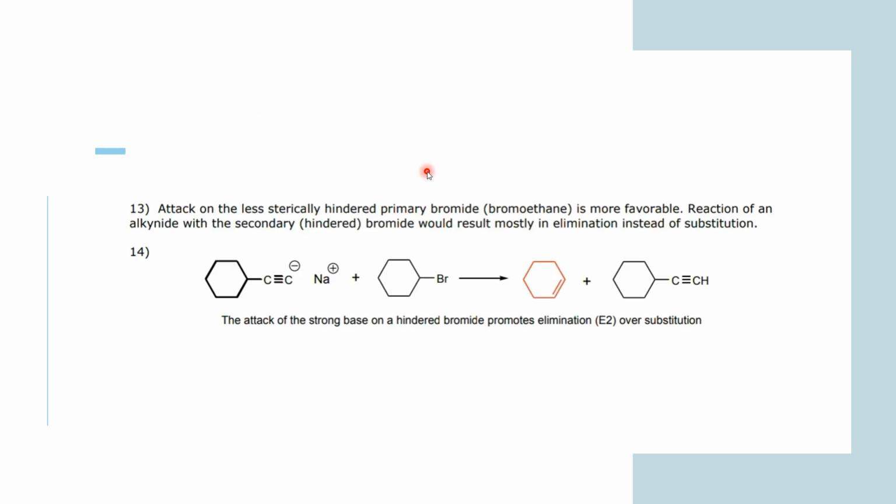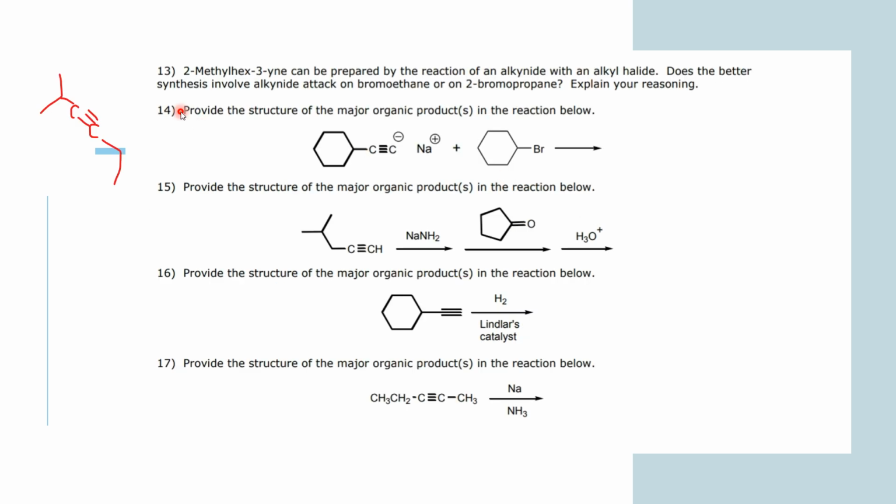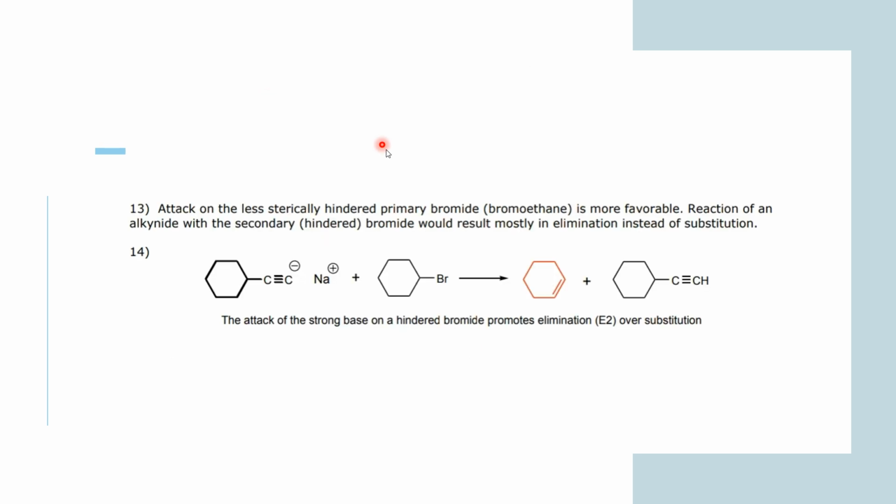So we saw that attack on the less sterically hindered primary bromine, which is bromoethane in this case, is more favorable. So it was preferred to form the given molecule 2-methylhex-3-yne by attacking the alkynide on the less hindered bromoethane.